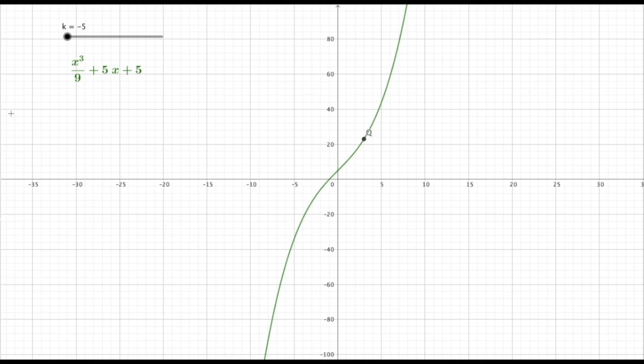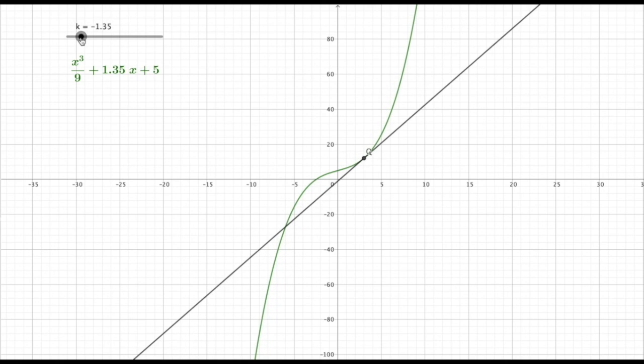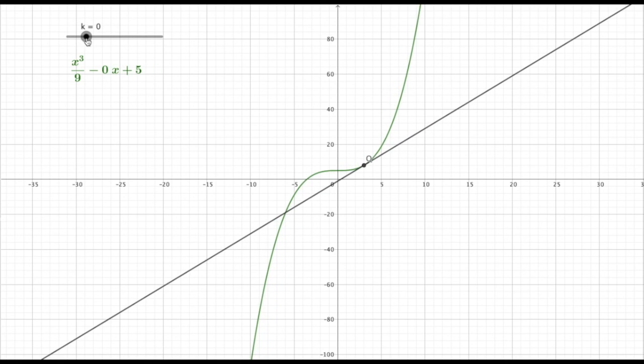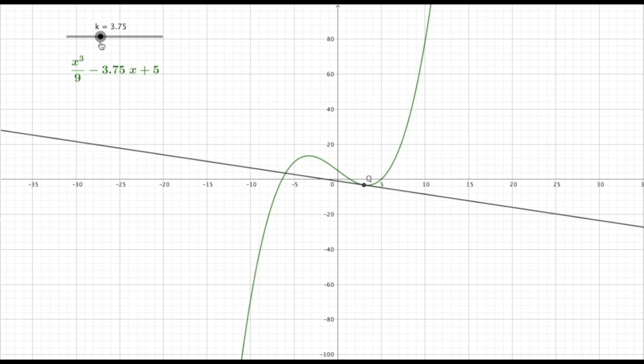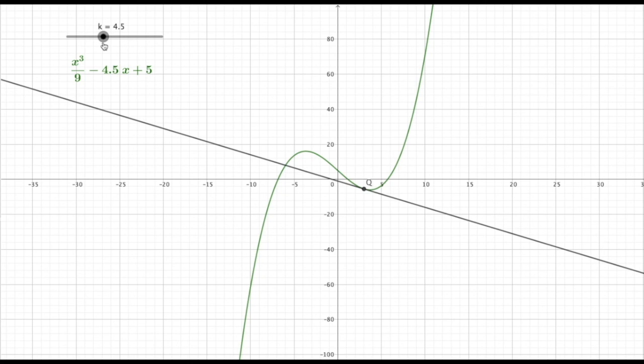Okay, so if we put a tangent onto the curve at that point, it will look like this, and then we can slide the slider and it will stay as a tangent. Okay, so we want a gradient of -9. So there we've gone into the negative gradients.